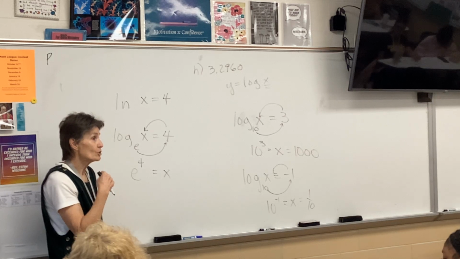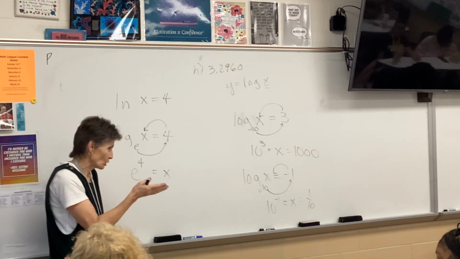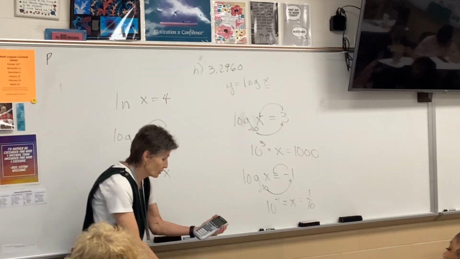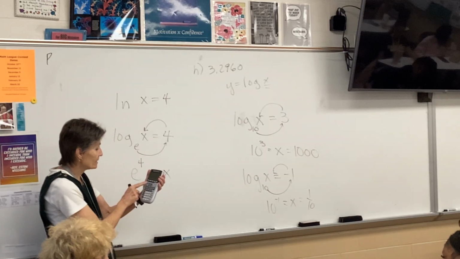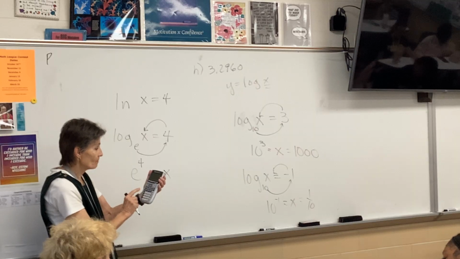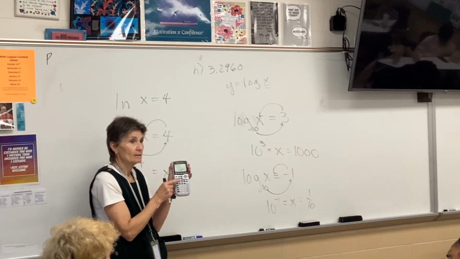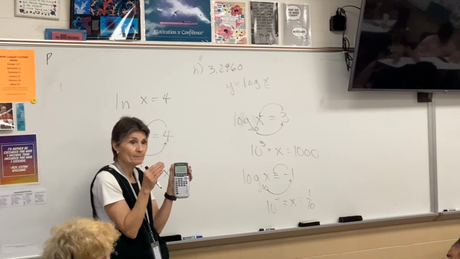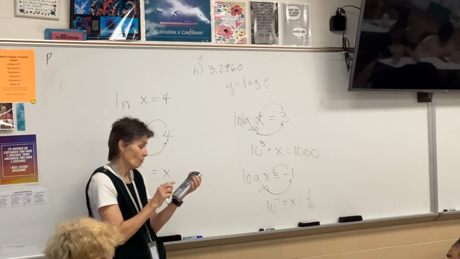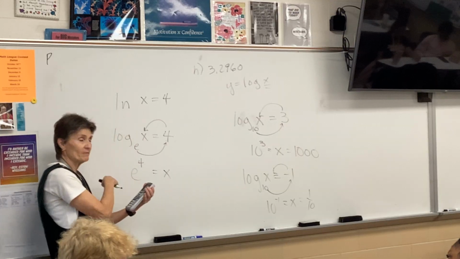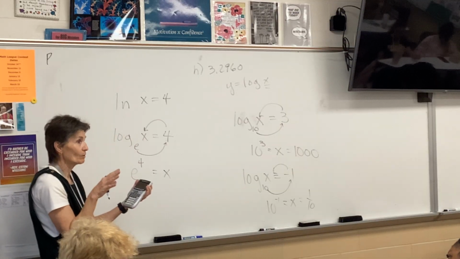If you wanted to know what e to the 4th actually was number-wise, on your calculator do second ln, and when you hit second ln, you see how e pops up? And then you just put 4, and the decimal for that would be 54.59, whatever.